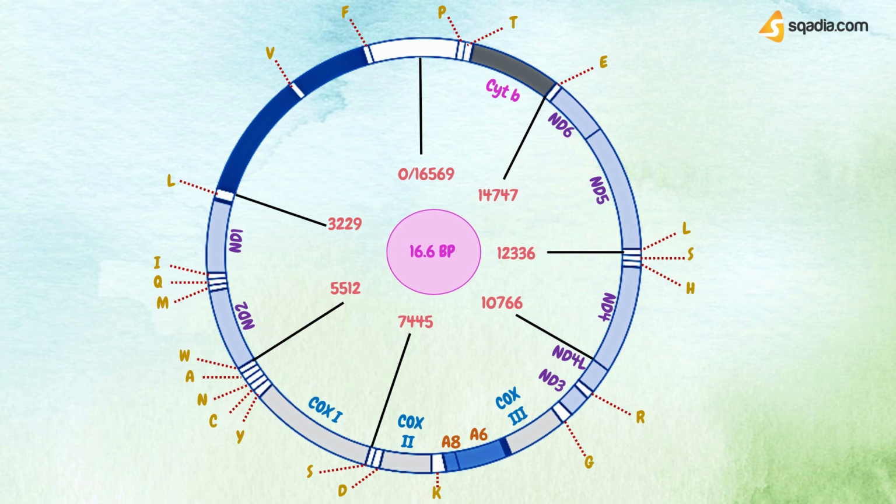And the ribosomal RNA sites are 12S and 16S.